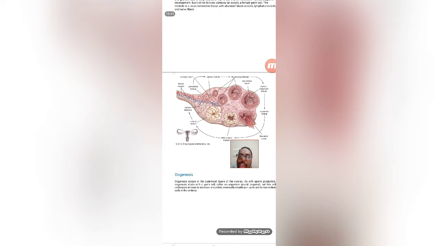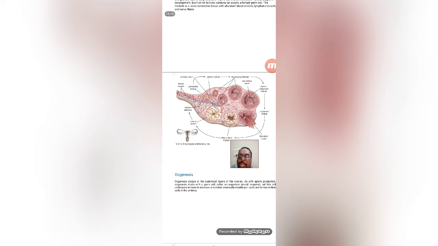When the female reaches puberty, as soon as the estrogen starts to secrete, these primordial follicles start to develop. They develop first into a primary follicle, and this primary follicle will develop into a secondary follicle, and the secondary follicle will get some covering.